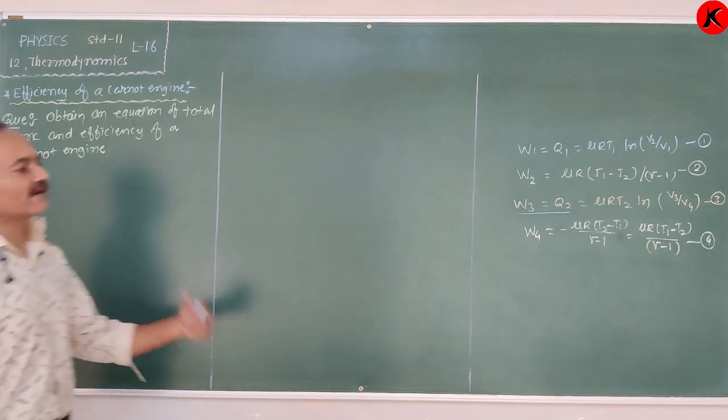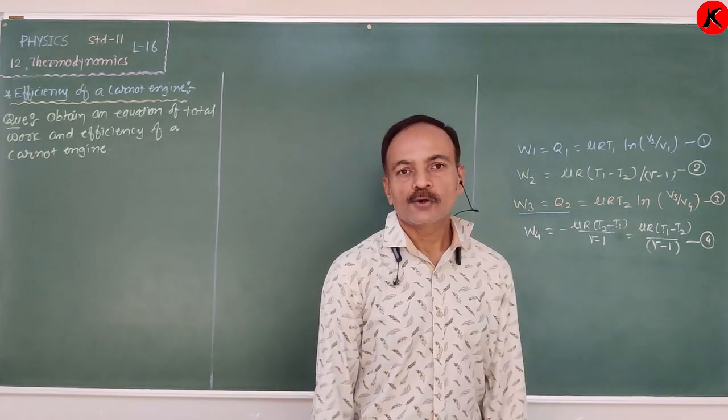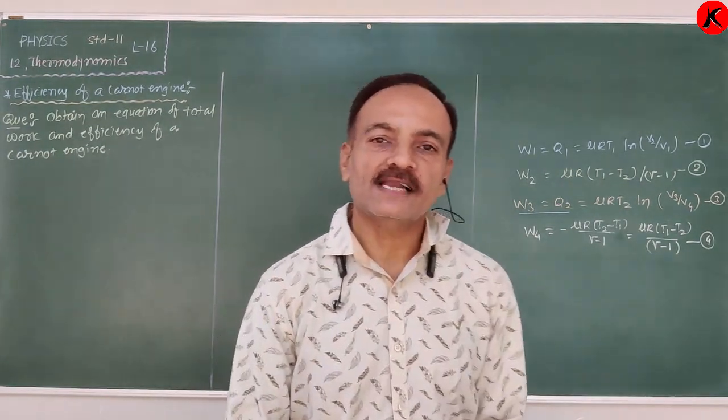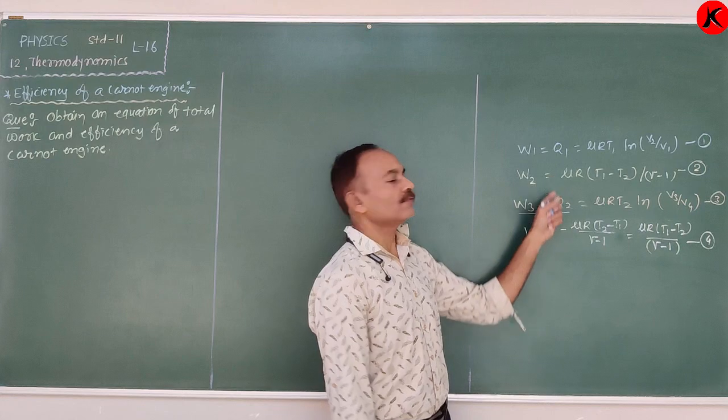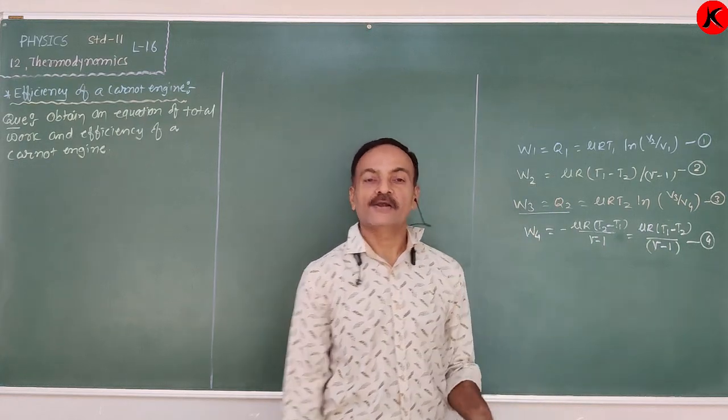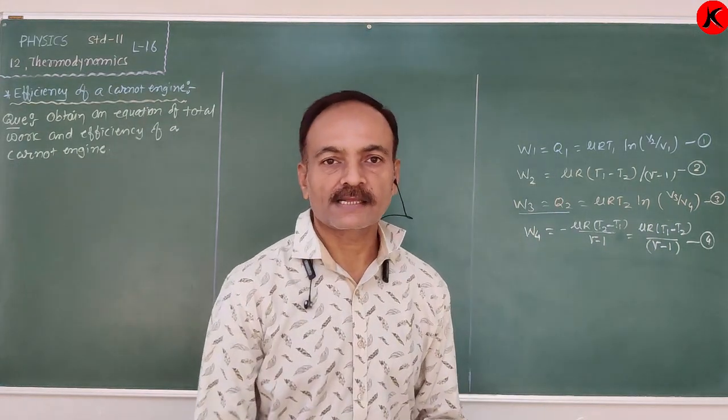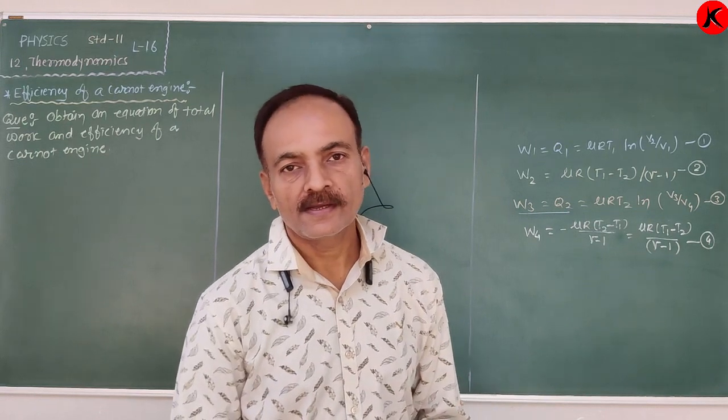So first we obtain the equation of the work done. Total work done during one Carnot cycle is equal to the addition of these 4 works that take place during the 4 different steps.